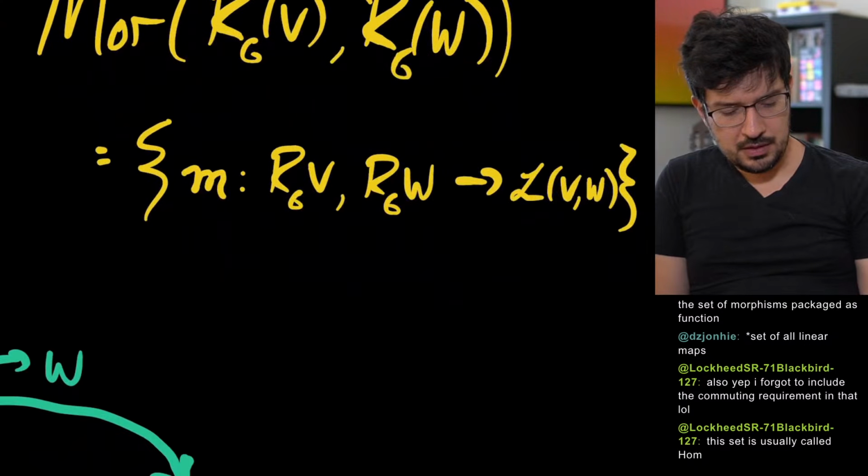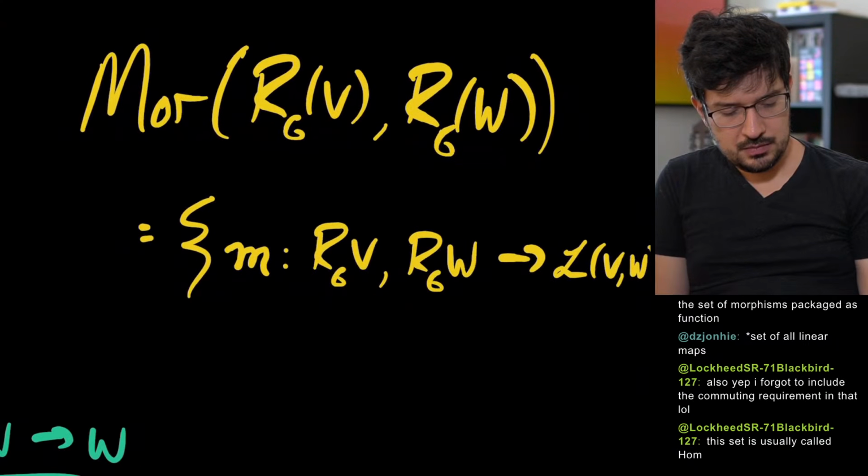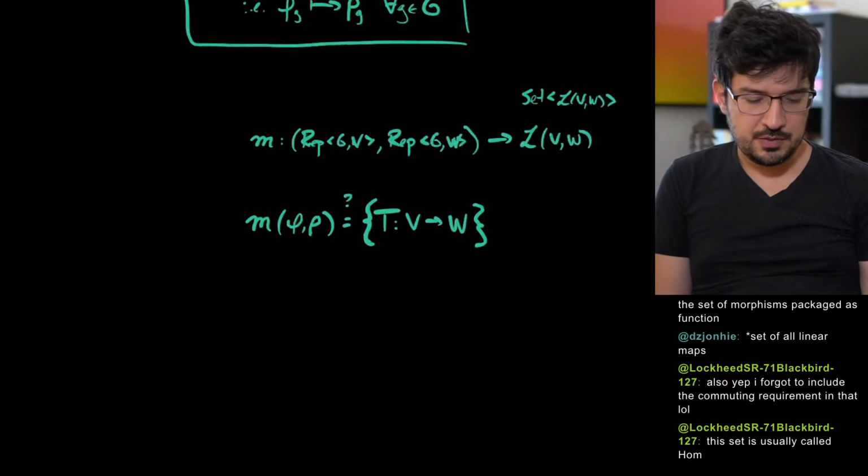Then therefore... I don't know, man. I'm just guessing. Let's keep going. This set is usually called hom. I think that's literally the next sentence, actually, in this book. So let's keep going.